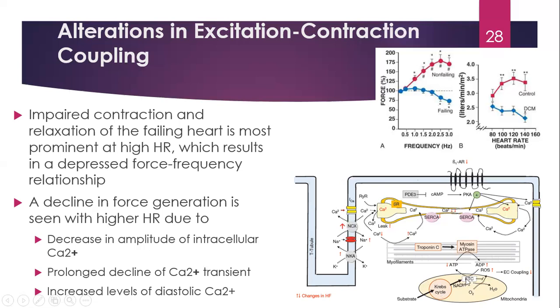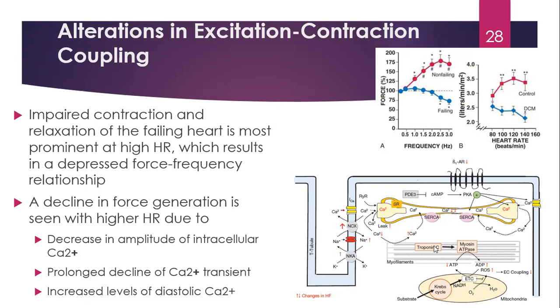And also your electron transport chain is affected in heart failure because of reactive oxygen species, which we have talked about. They affect your energy production and your ATP production. And the reduced amount of ATP will definitely affect the actin and myosin region.